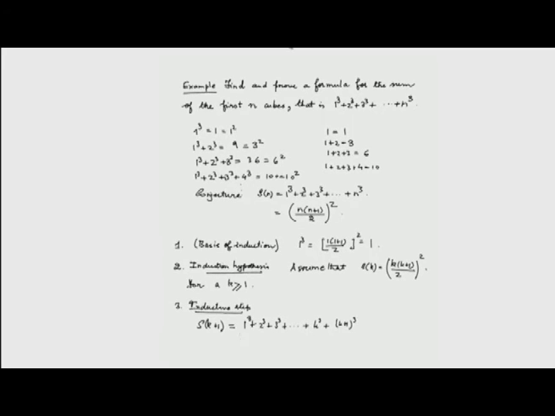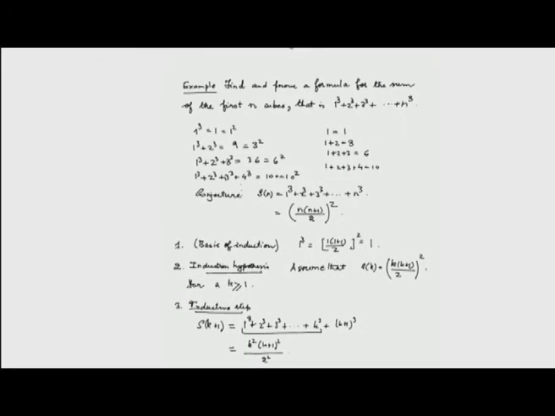Again, I observe that the first k terms are essentially S_k, and therefore, since I have assumed S_k equal to k into k plus 1 divided by 2 whole square, I can write this as k square times k plus 1 whole square by 2 square plus k plus 1 whole cube.